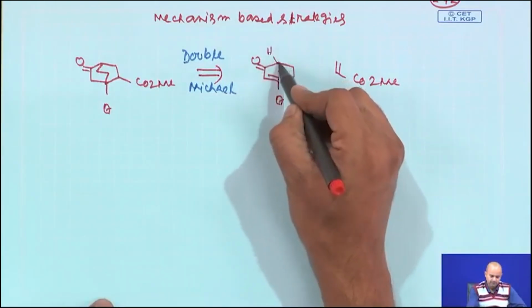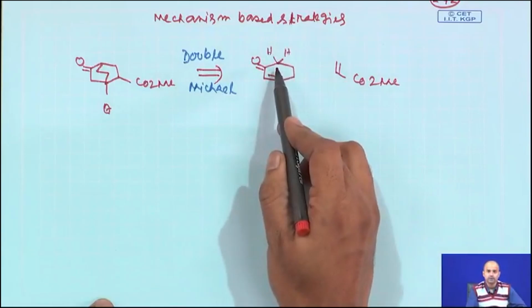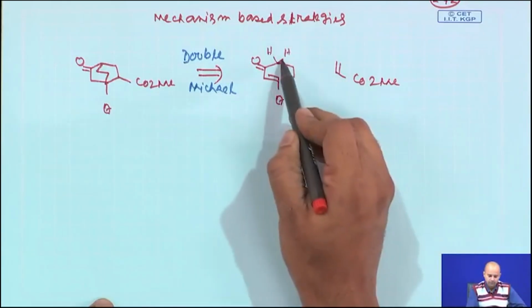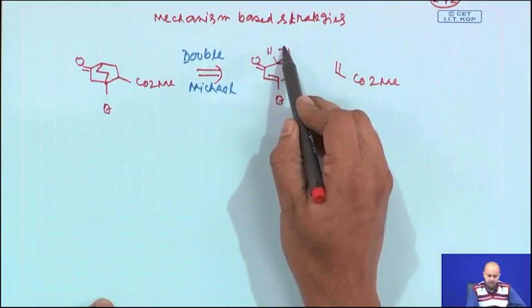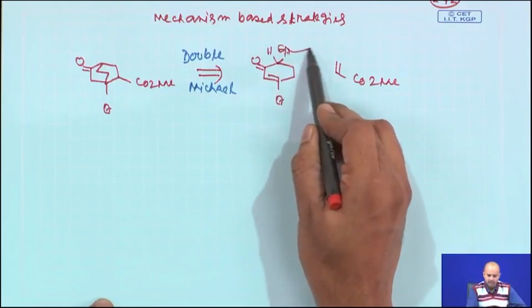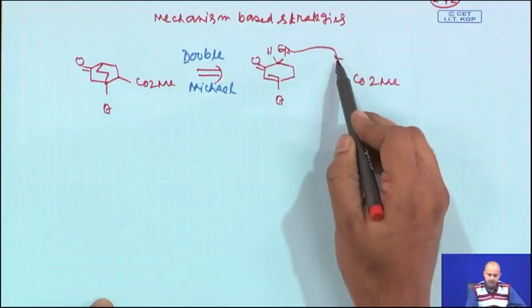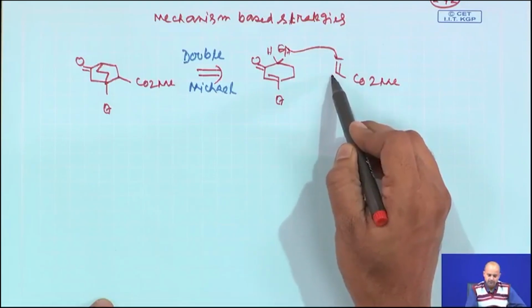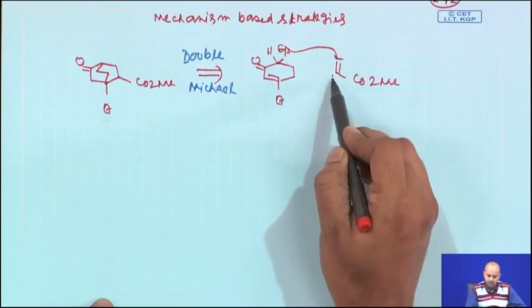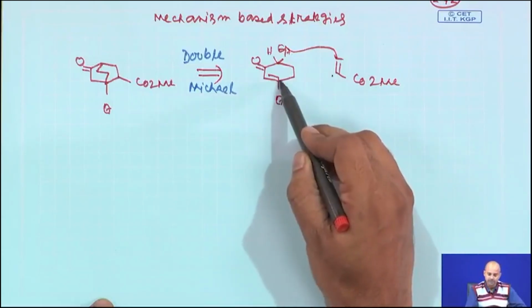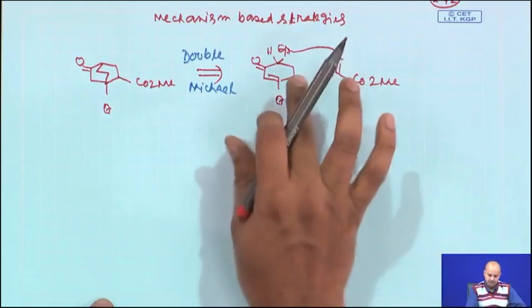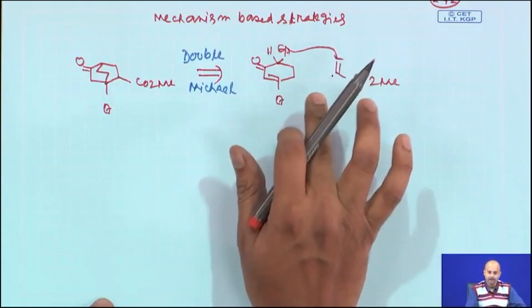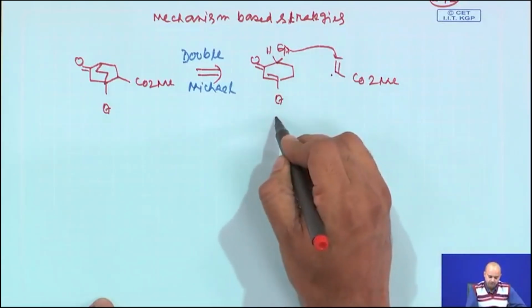So, these hydrogens are acidic, and can be easily picked up to generate a nucleophile. If you pick this hydrogen to generate a nucleophile, it attacks here. Once you attack here, this negative charge now comes here. Now, this negative charge acts as a nucleophile and attacks in a Michael fashion on this carbon. So, if double Michael takes place, your synthesis is quite attractive and quite feasible.